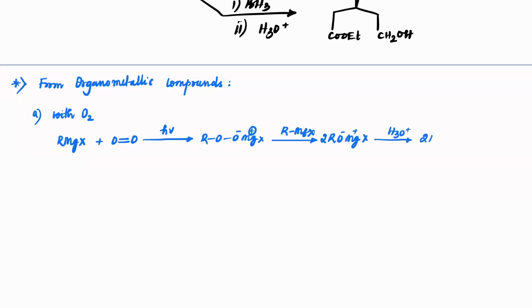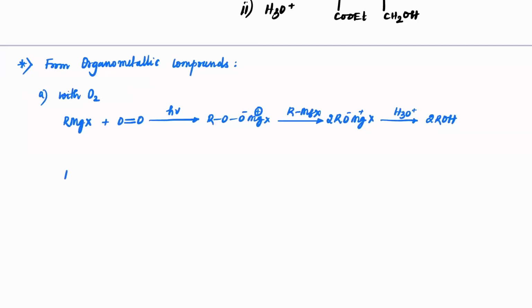So this is a typical way of preparing it. In fact, if you react RMgX with various aldehydes followed by hydrolysis, HCHO will give RCH2OH, a primary alcohol.